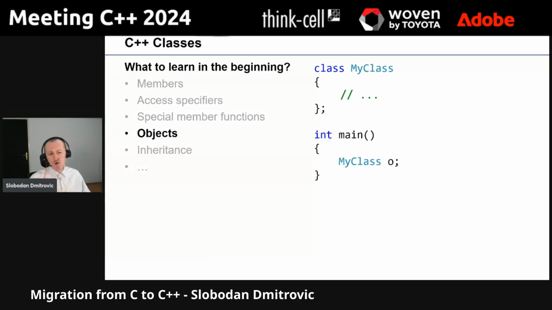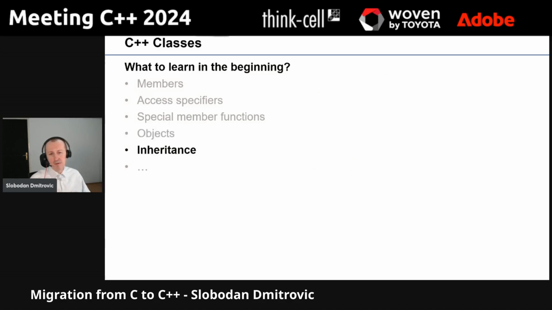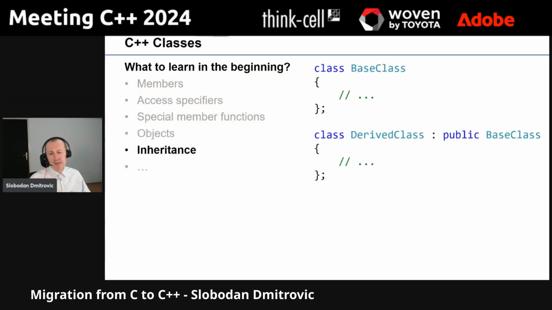And finally, you should get comfortable with using inheritance in C++, where you can extend the functionality of your class in a derived class. So you can inherit from a base class. And this should also serve as a starting point for further learning.